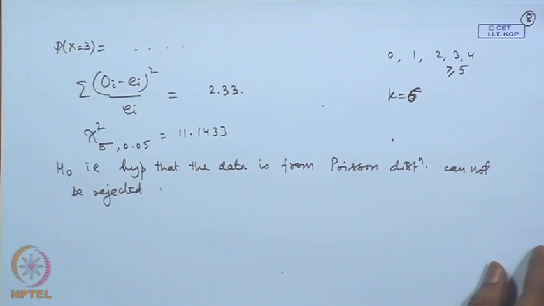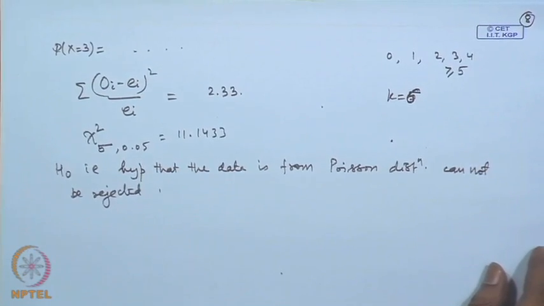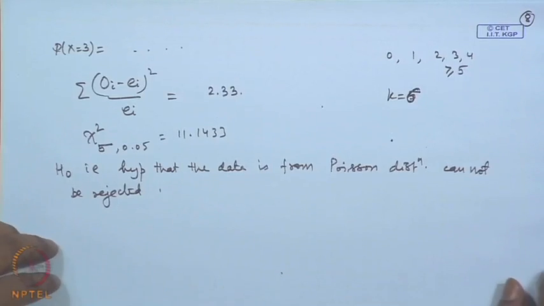Now, this chi-square test for goodness of fit has some further generalizations, or you can say further applications. Let me give the application of it for testing for independence in a contingency table.